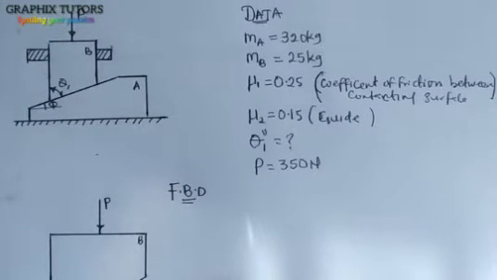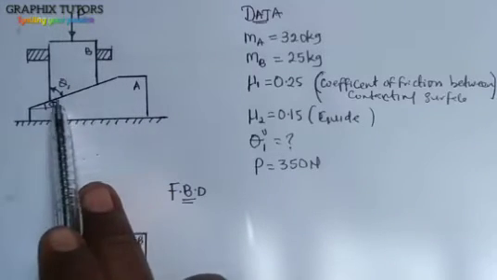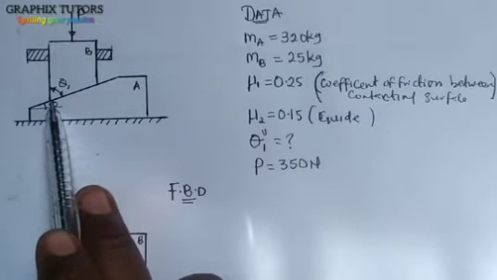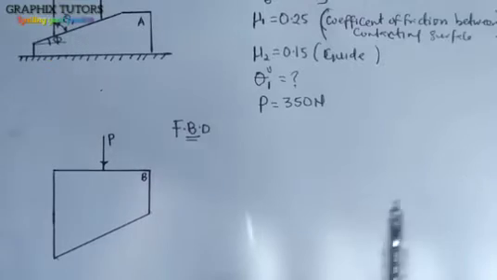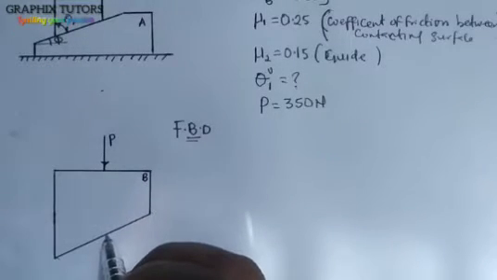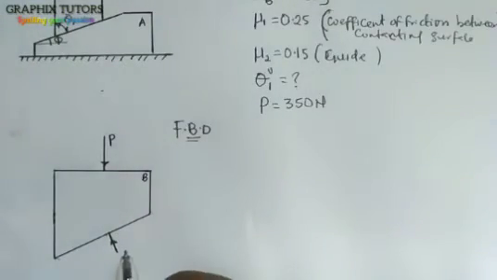Now we have three surfaces, right? This is wedge B, wedge A, both of them are in contact. Because of that reason, there will be a reaction. So I'll put my arrow here, just perpendicular to the surface. Let me extend it.